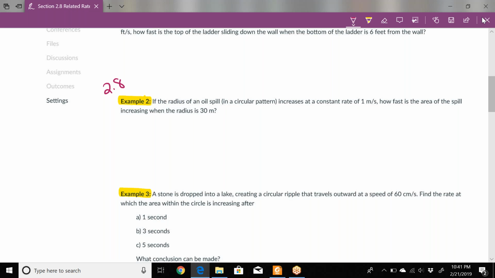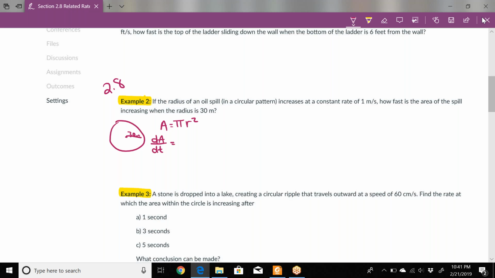So the first thing we want to do is write the formula, or you can even draw just a picture. Here's a circle. We know that this is going to be 30 meters when we plug it in. So the formula we're looking at, since they reference area and they're referencing a circle, is going to be A equals pi r squared. Now, if we take the derivative with respect to time for this function, remember pi is a constant or a coefficient here, this would be dA dt, because derivative of A is 1 times the chain, because it's not a t.